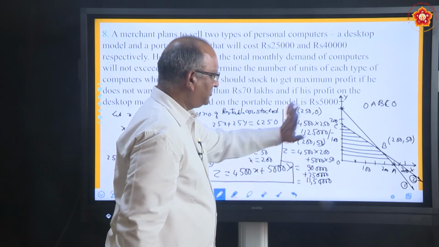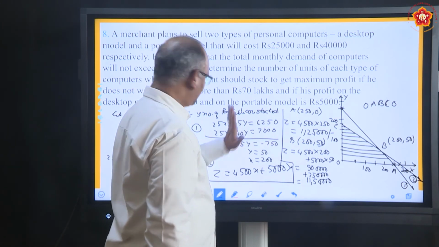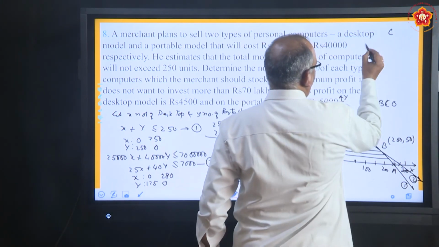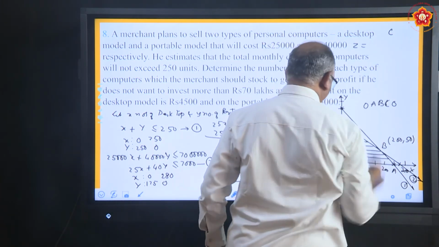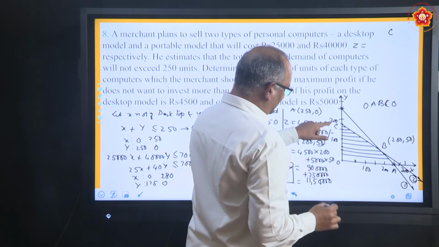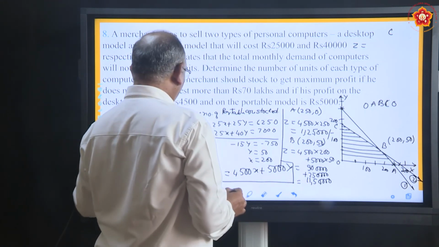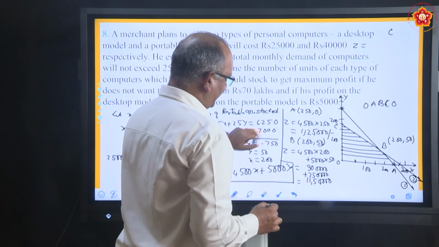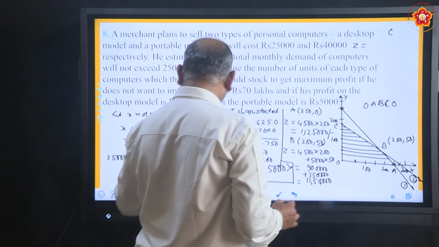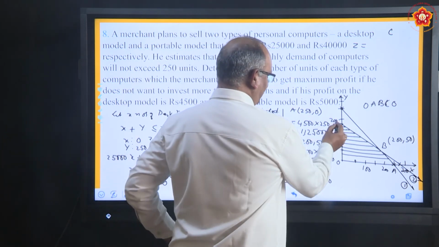Now, A we have substituted, B we have substituted. Suppose if you substitute C, what is going to be Z? What is C actually? It is 0, comma. What is the point C? Second line, yes, it is 175, this point is 175.